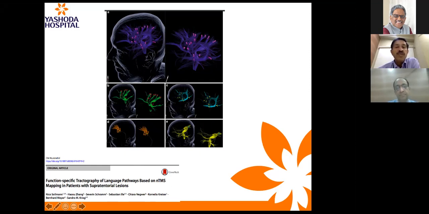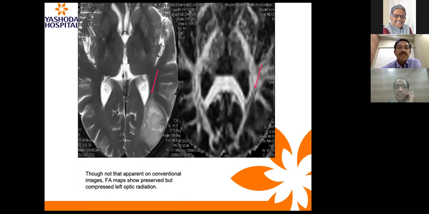So you get to see, not just based on diffusion tensor imaging, this is based upon stimulation by transcranial magnetic stimulus. So this is more specific, and these fibers are going to be more specific for functionality, and knowing where these fibers are spread around the tumor, one can make a safer maximal resection that can be done.